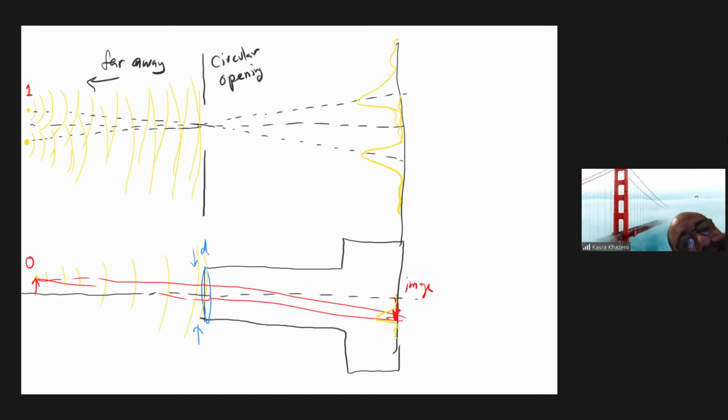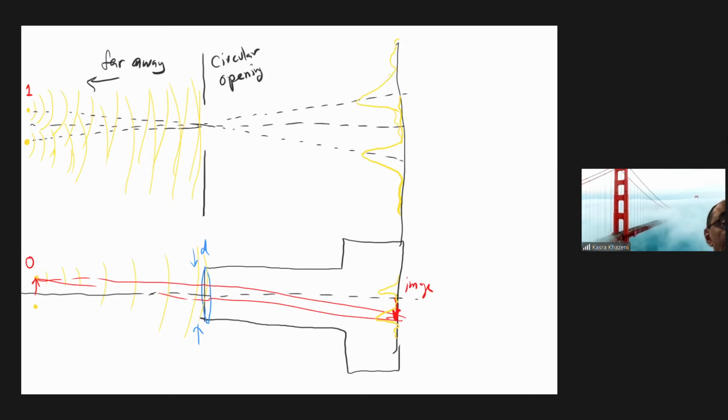All right. So if I then have two point sources, I would have another diffraction pattern on the film, just like the one I've drawn on the top.